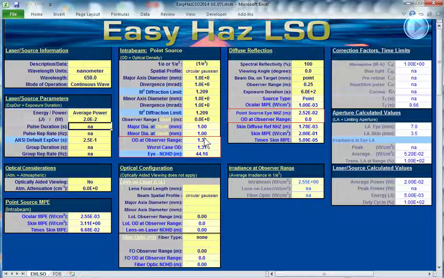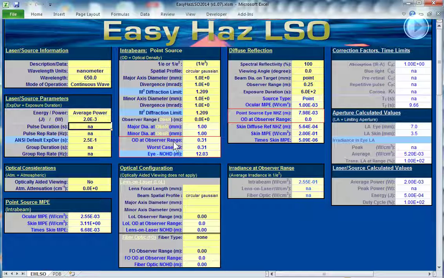Now there's another little way we can look at this. If each wavelength by itself needs an OD of 1, but each filter at an OD of 1 leaks 1 milliwatt, that means that out of both of these wavelengths, we're getting 2 milliwatts. Let's put 2 milliwatts in.